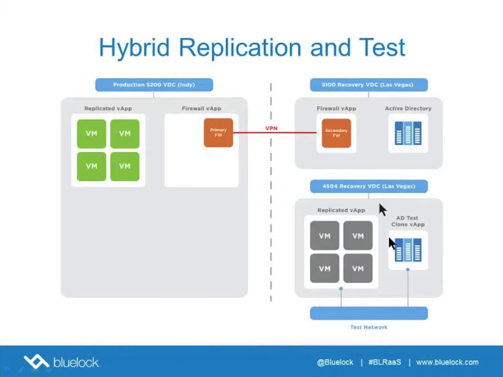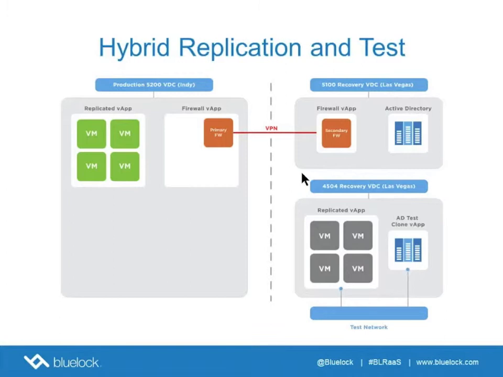So below, down there in the 4500, where the VMs in gray would recover, you'll notice there's an AD clone, test clone vApp. Normally that's empty, as is the rest of the 4500. The solution we came up with leverages the runbook capability. Bluelock provides the ability to go through a procedural and tested runbook with the client when they need to test or declare.